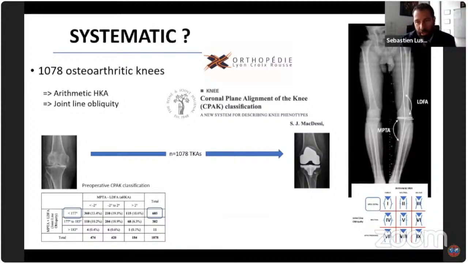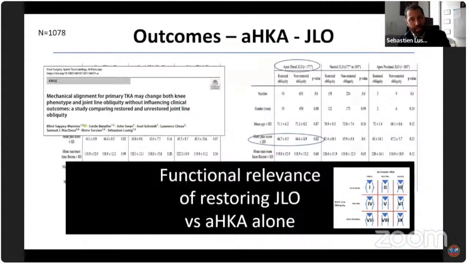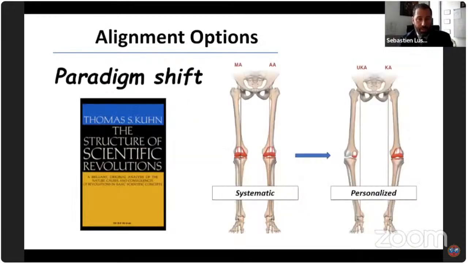We went for mechanical alignment and using the CPAC classification, you see how we changed almost all of them to a neutral joint line. And we know from outcome studies that maintaining and restoring the joint line makes sense if we want to achieve a better outcome. So this is something to consider when we look at the different options for personalized alignment technique.